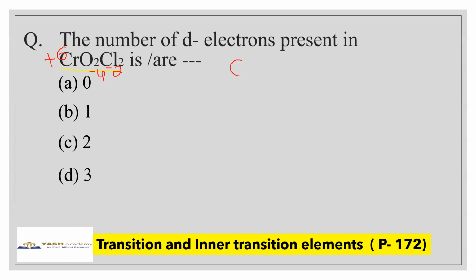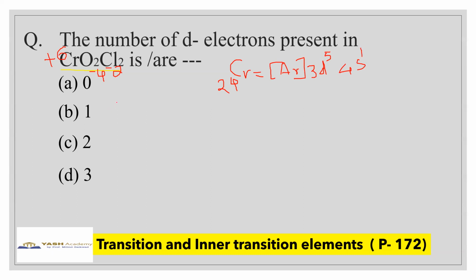Now, you know that the atomic number of chromium is 24 and it has the electronic configuration of argon, and there are 5 electrons in 3d orbitals and 1 electron in the 4s orbital.